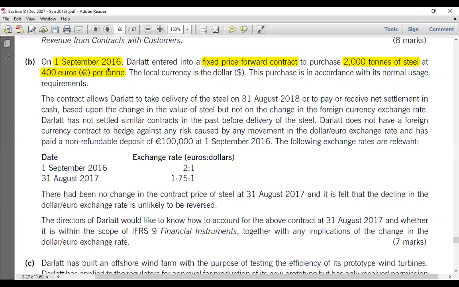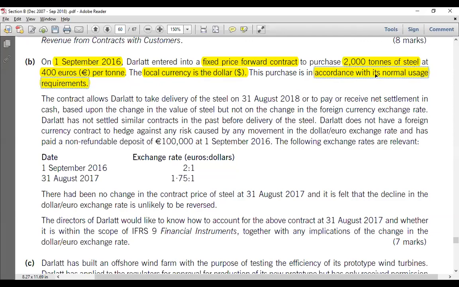So this is the price that we have agreed. The local currency is the dollar. The purchase is in accordance with its normal usage requirement, which means that 2,000 tons is a normal requirement for us.